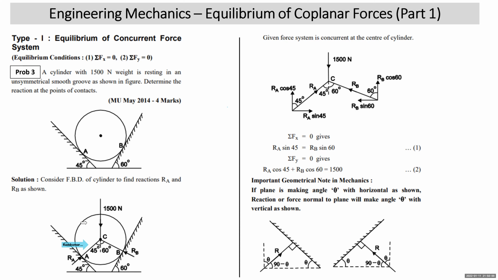Now you can see that I've drawn a separate diagram. Weight 1500 vertically down. This reaction RA makes 45 degrees with the vertical. I have resolved it: RA cos 45, RA sin 45. Adjacent is cos, other is sin. This reaction RB, which is towards C, makes 60 degrees with the vertical.